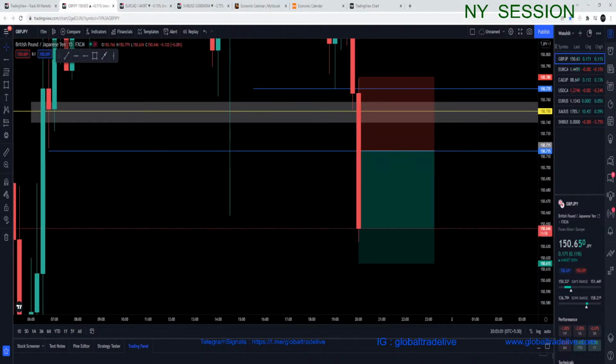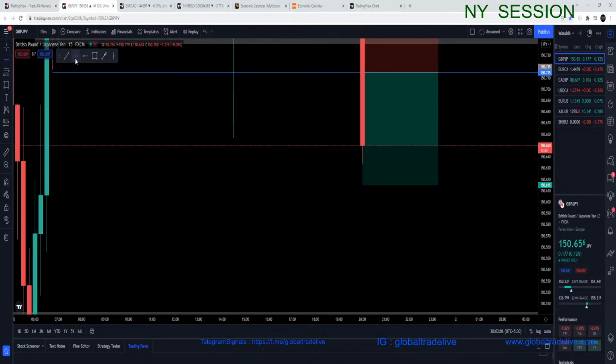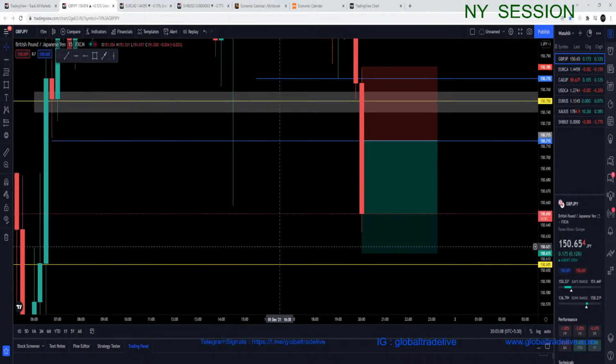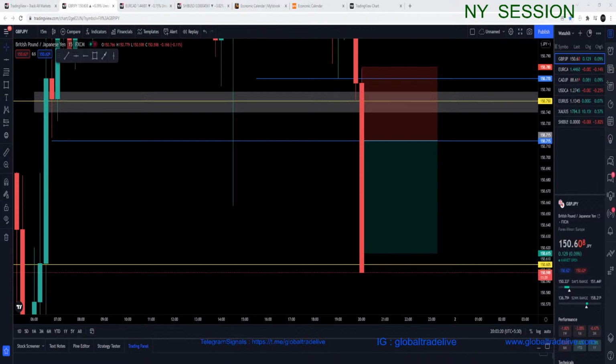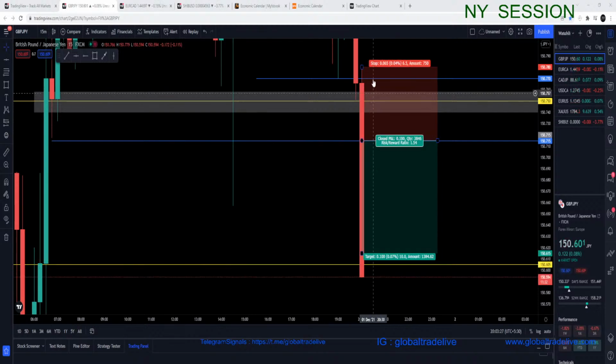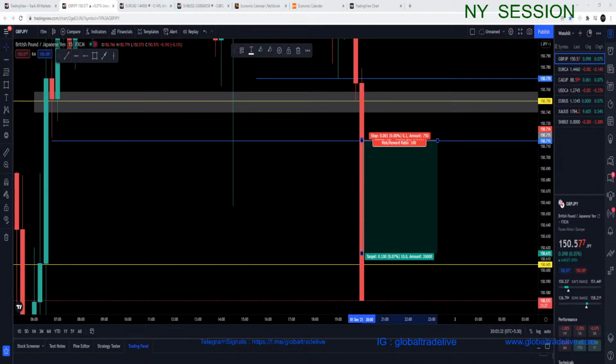So now it should be moving all the way down to this level at least. 8.2 over here. 9.9, 10.7, closed 90% over here, and keeping stops at break even. Congratulations everybody who just made some profits in this trade. So running in 14 pips right now, which is really nice.